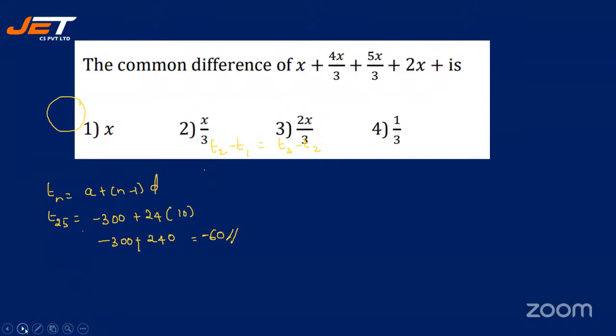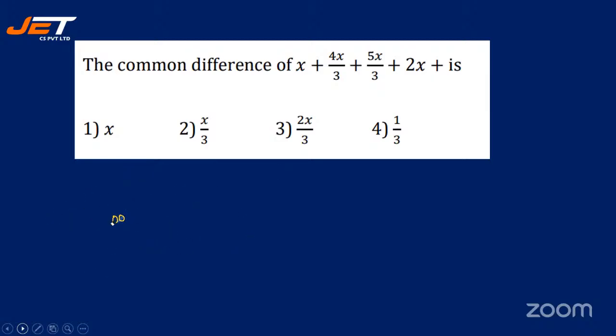Yeah, so I need to erase this. That's the problem in this. The common difference of x, 4x by 3, 5x by 3, 2x is dash.